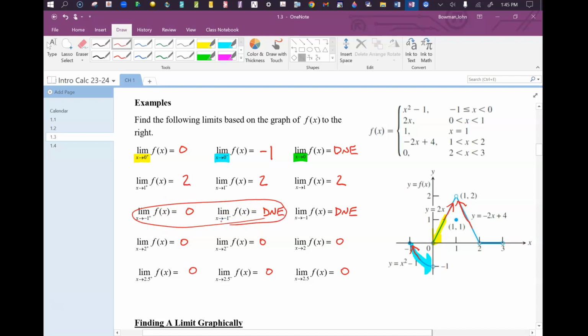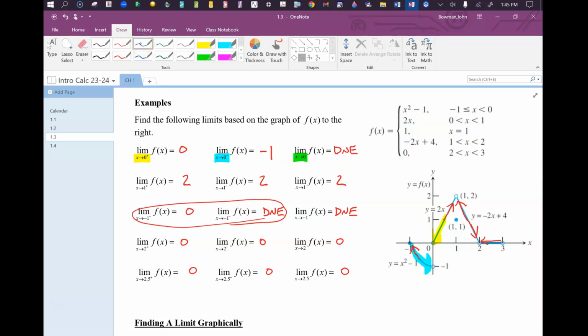The limit as x approaches 2 from the positive direction approaches 0. As x approaches 2 from the negative direction approaches 0. Both of those are equal, so the limit as x approaches 2 is 0.